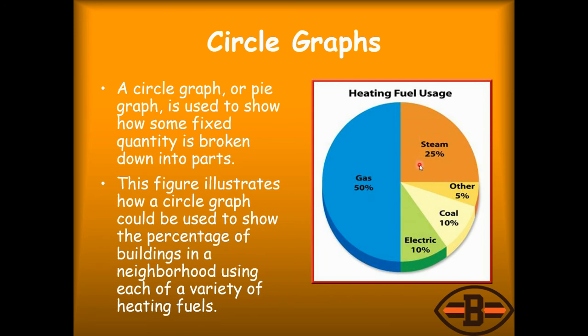We have boilers that boil water and send steam to the classrooms to heat them up. Some businesses use electricity. Some use coal. I don't know of anybody that uses coal anymore, but hey, it's on there. And other, especially down around where we're at, could be wood. So when you're talking about a whole and breaking it down into parts, we'd like to use a circle graph.